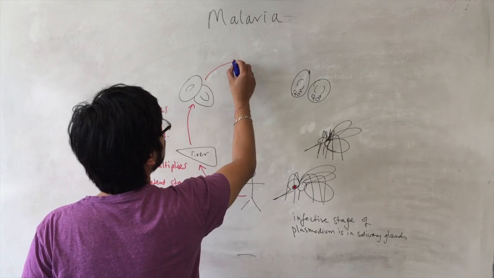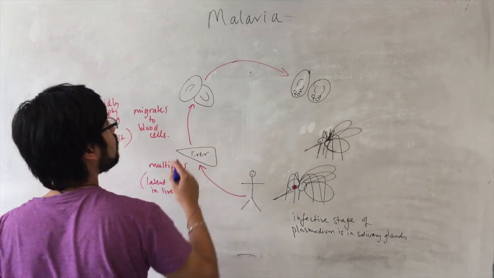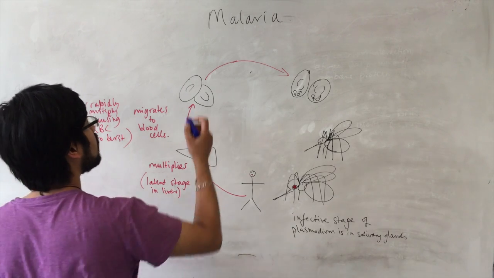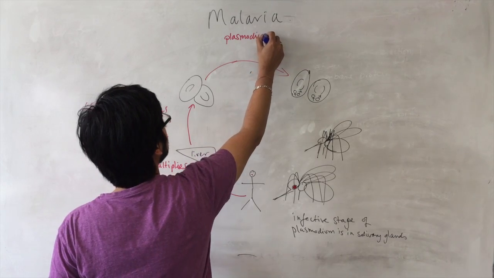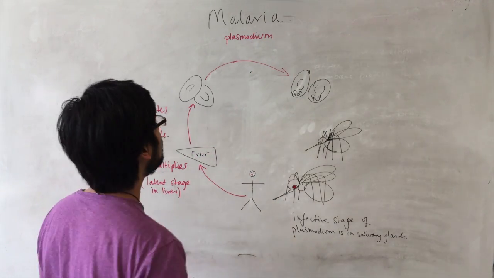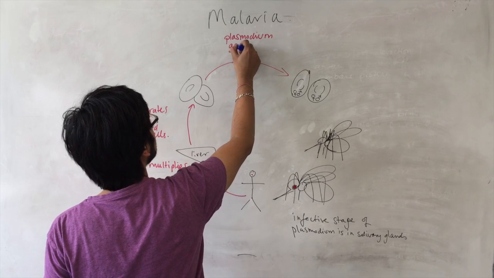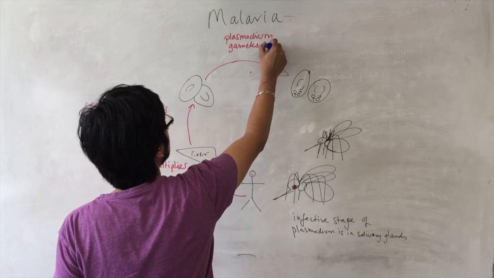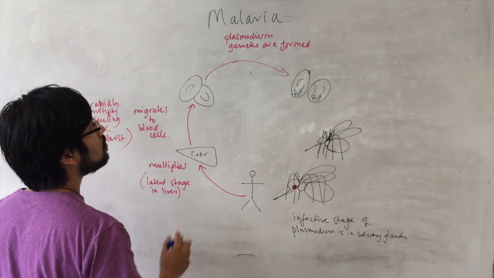So, what happens next is, in the blood, they form the gametes. Okay, so in the blood cells, you can think of meiosis happening here. All right, so in the plasmodium, gametes are formed.